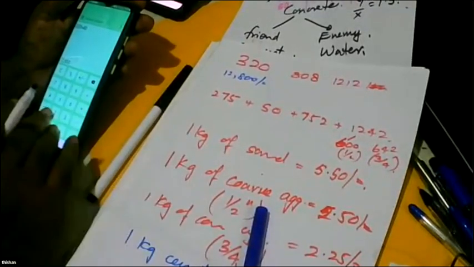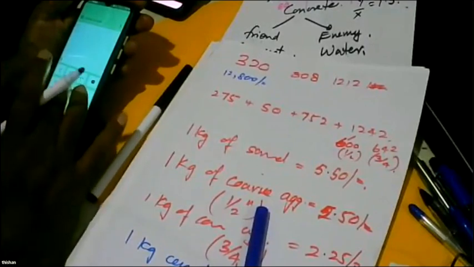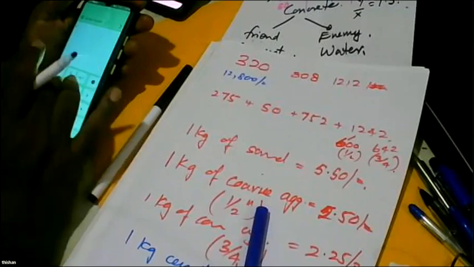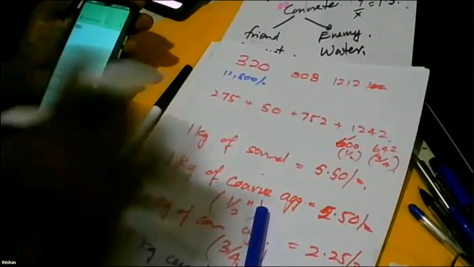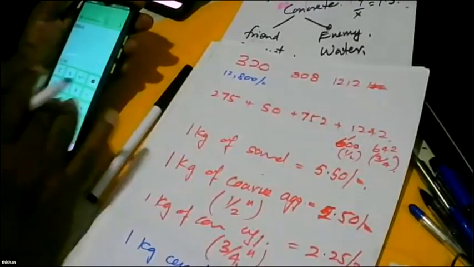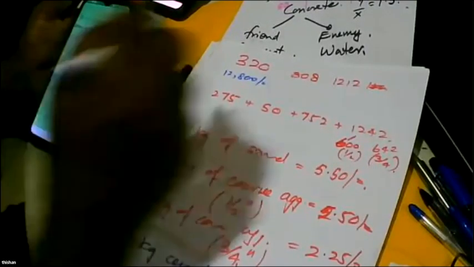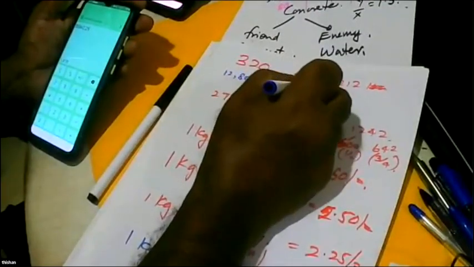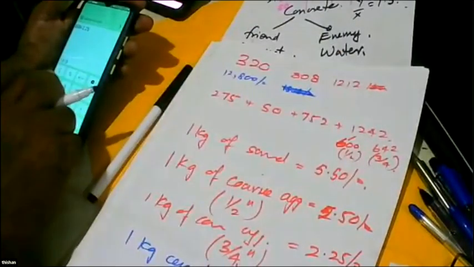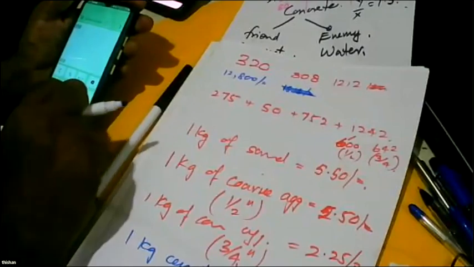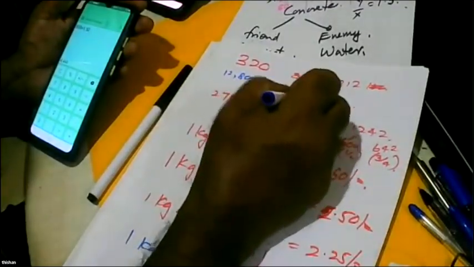Supply to the yard or supply to the site. 808 multiplied by 550, oh no, I got it wrong. 808 is sand multiplied by 550, and that is 4,444.